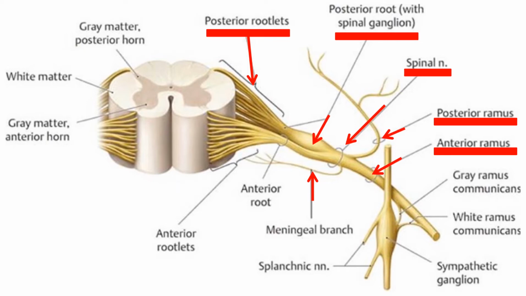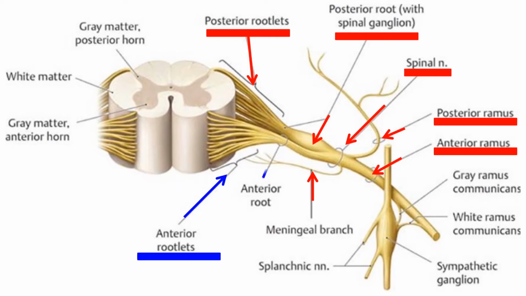This is a pseudo-unipolar ganglia containing these neurons, and these neurons have two axons. One axon coming from the peripheral part of the body, and the other axon is going to make the posterior rootlets of the spinal nerve, and these are going to enter the posterior horn.